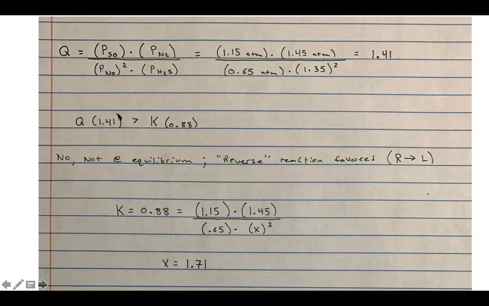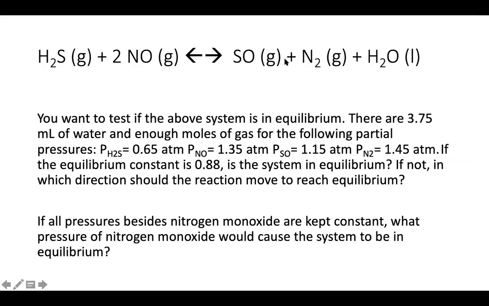And so by comparing these values, I can find that Q is greater than K. And whenever Q is greater than K, one, we're not at equilibrium, but two, we have too many products, not enough reactants, and so our reverse reaction will be favored, which will be right to left when looking at the equation. So we're going to be converting SO plus nitrogen and water to dihydrogen sulfide and nitrogen monoxide.